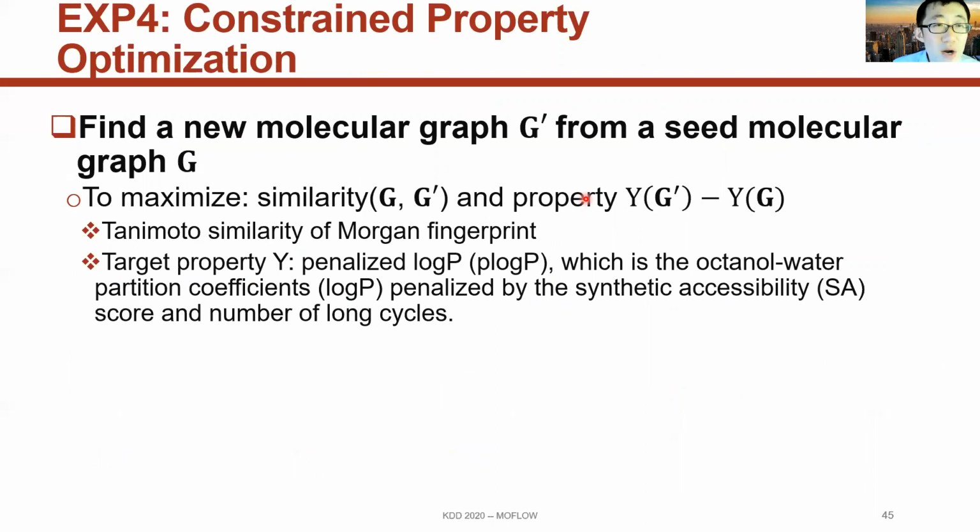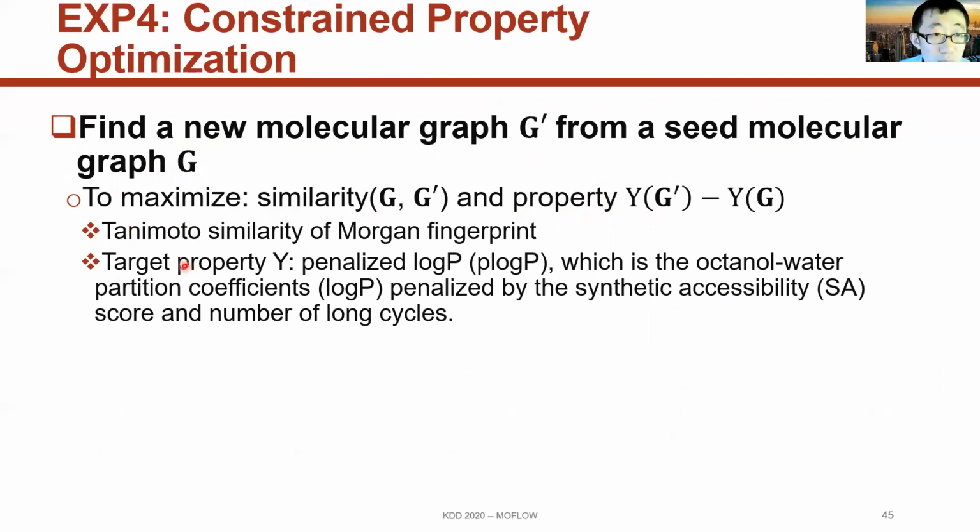The first experiment is constrained property optimization, which means to find a new molecular graph G prime from a seed molecular graph G, to maximize the property while maintaining similarity, which is a kind of multi-objective optimization.